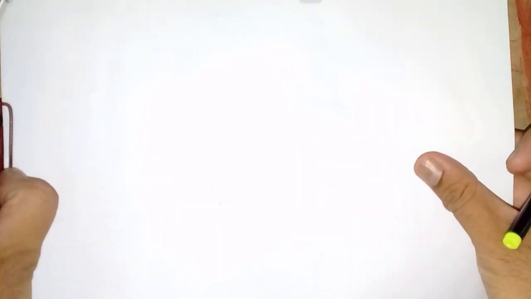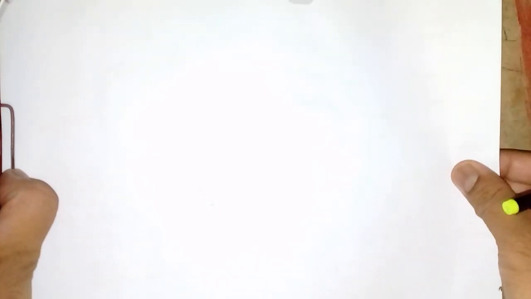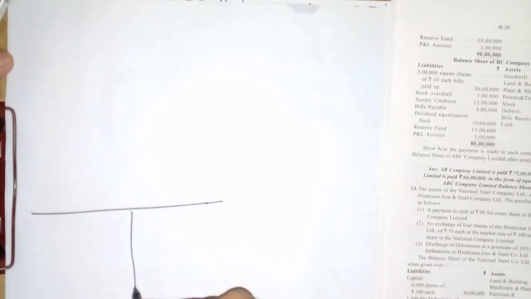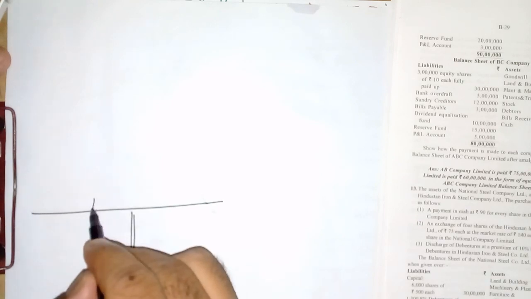The next entry will be payment of realization account. We need to prepare and find out the realization profit or loss, right? So I'll prepare the realization account here. So this is a realization account.